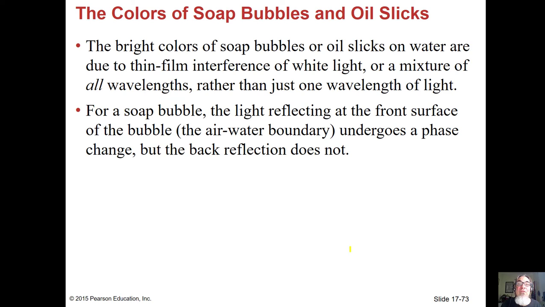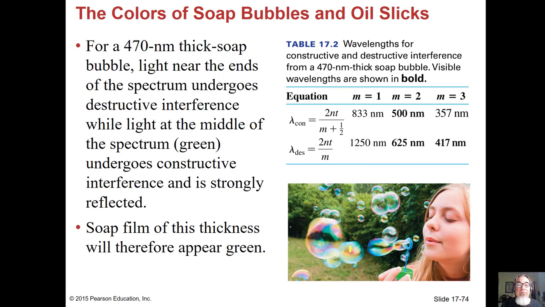Okay, so if you ever have oil on your driveway, if you look at it, the wind's blowing, it looks like it changes color. It's because you have this thin film interference going on. The wind is making it thinner and thicker in different areas as the oil moves around. Same thing with bubbles. For a 470 nanometer thick soap bubble, light near the ends of the spectrum undergoes destructive interference, while light in the middle, because it's got a different wavelength, remember, undergoes constructive interference.